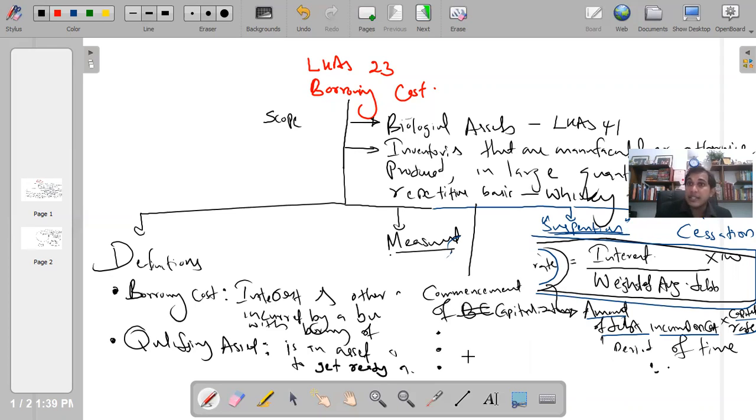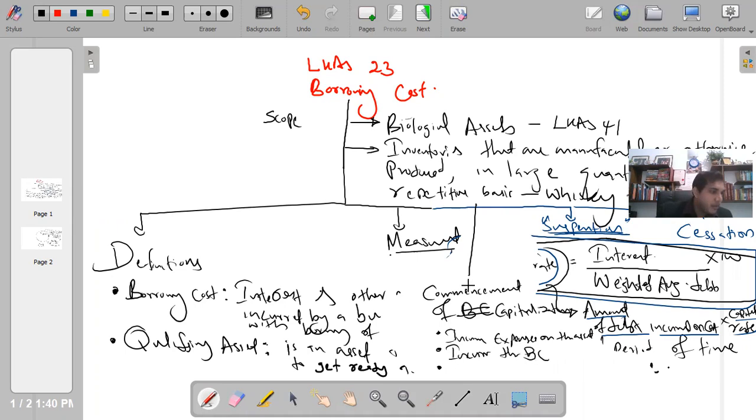All these 3 conditions should be complied with. First one, incur expenses on the asset. Second one, incur the borrowing cost.